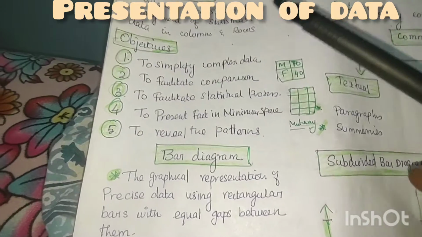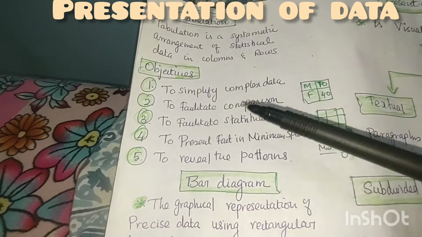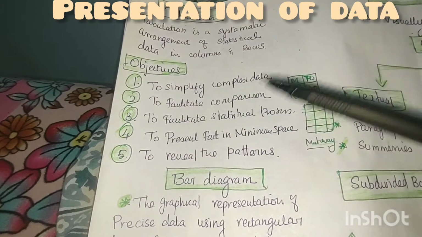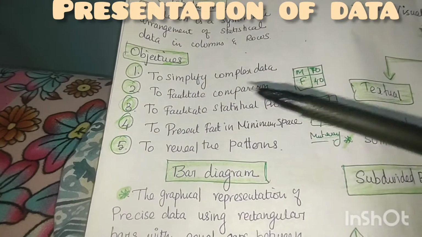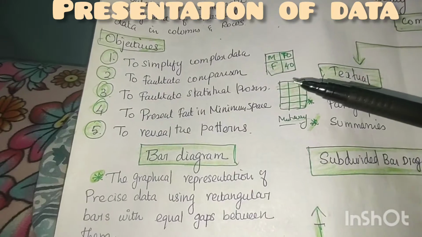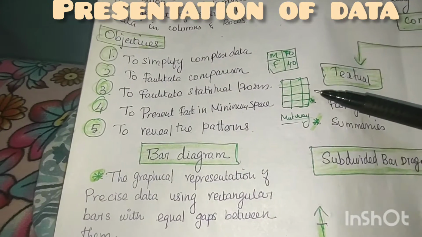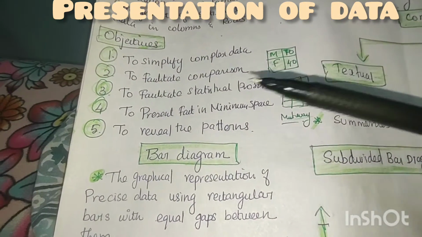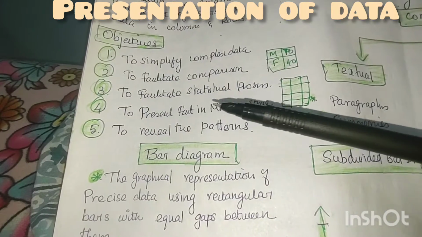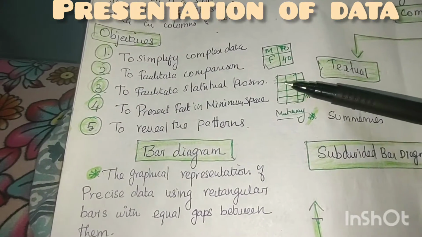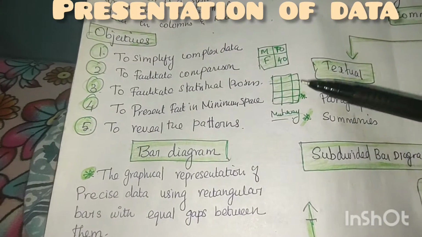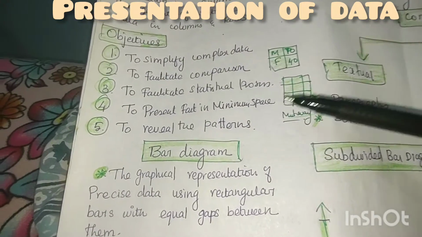What are the main objectives of tabulation? Tabulation simplifies the complex data in the form of a tabular column, and facilitates comparison, such as how much your BP is with your weight, or your height with your weight. It facilitates the statistical process, such as how an overweight person gets a high BP, or low BP for a lower weight.